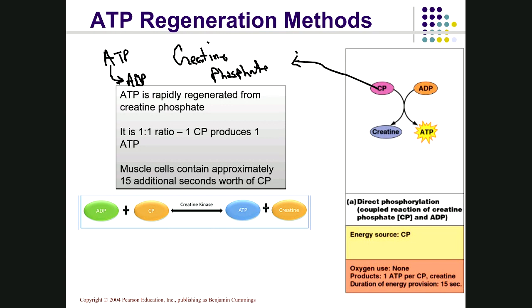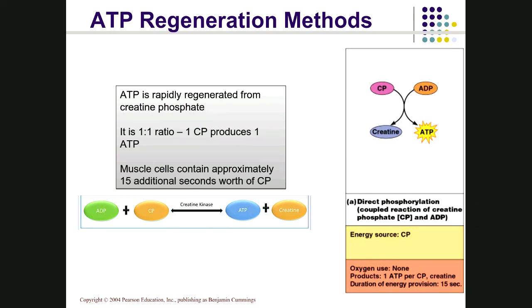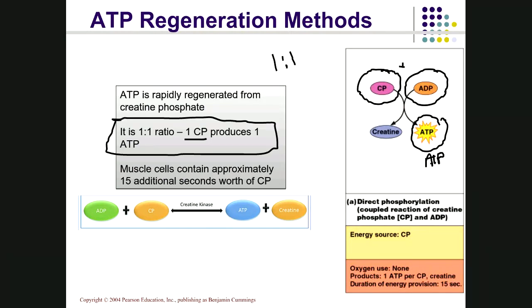Well, creatine phosphate has 1 phosphate on it. And so what we're going to do is take the phosphate off of the creatine phosphate, put it on the ADP, and create new ATP. It's a 1-to-1 ratio, a 1-to-1 replenishment. 1 creatine phosphate creates 1 new ATP.